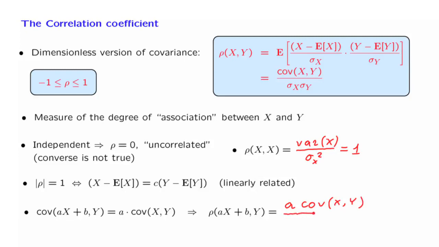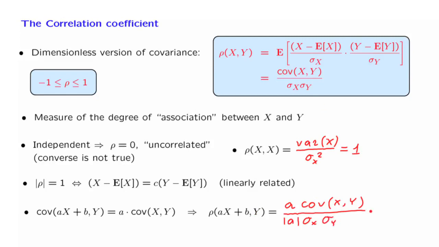At the denominator, we have the standard deviation of this random variable. Now, the standard deviation of this random variable is equal to a times the standard deviation of x, if a is positive. If a is negative, then we need to put the minus sign, but in either case, we will have here the absolute value of a times the standard deviation of x, and then we divide by the standard deviation of the second random variable, which is y.